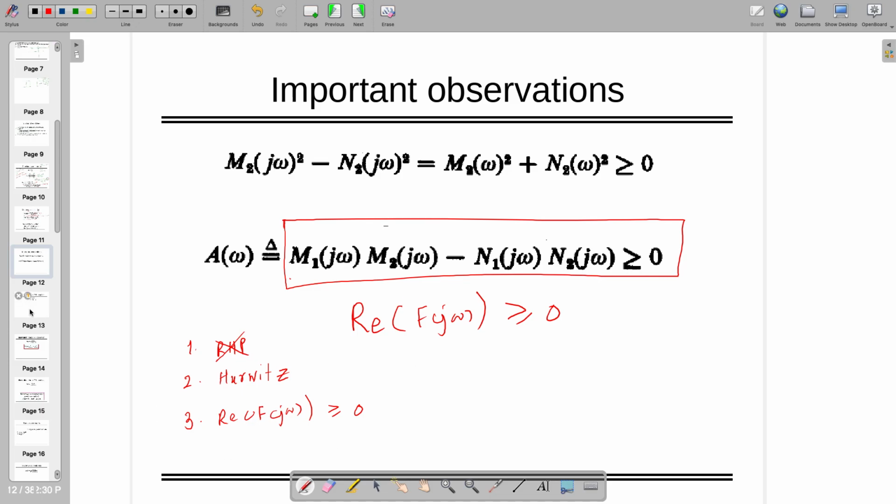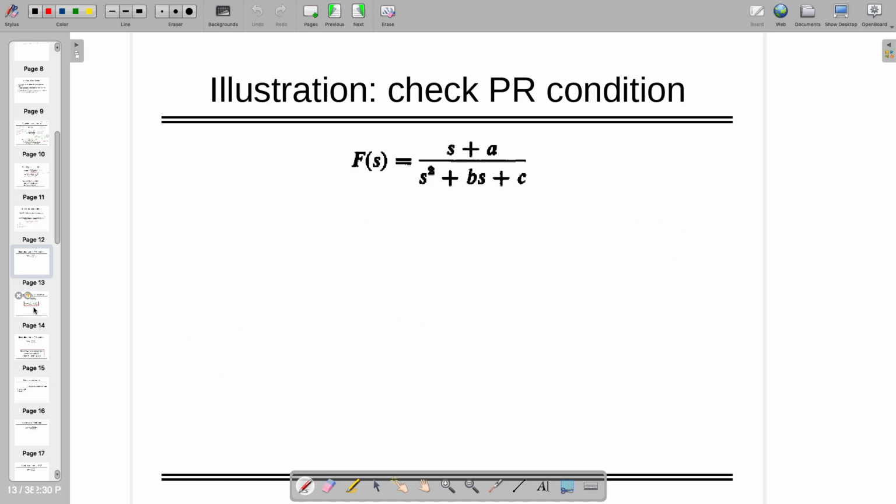Okay. So let's check the PR condition, or the positive real condition. When I'm writing PR, it's the positive real function condition, right? So let's assume that the two conditions are satisfied. There is no problem. And here A, B, and C are general numbers. We have to find out what the function will be. So if B equal to 0, then the situation is easy.